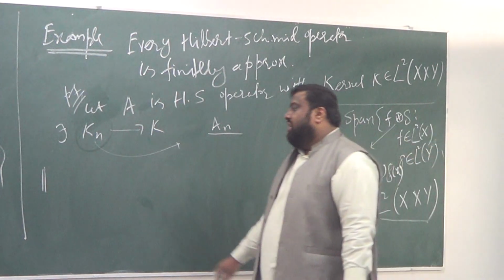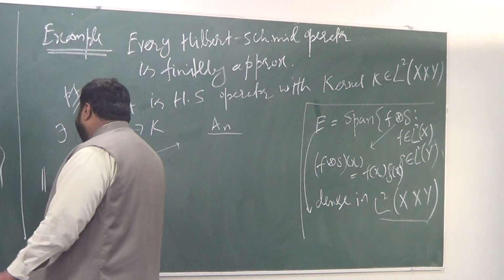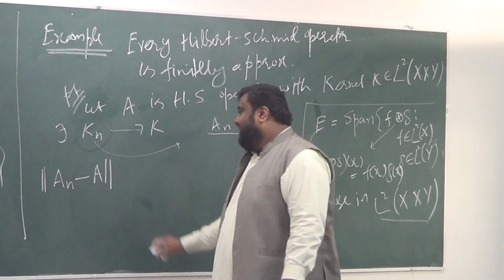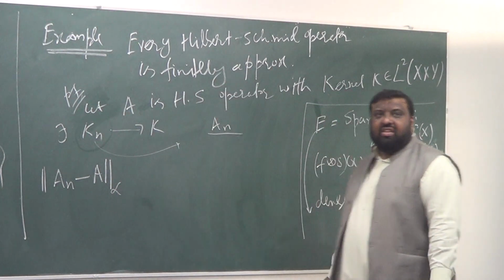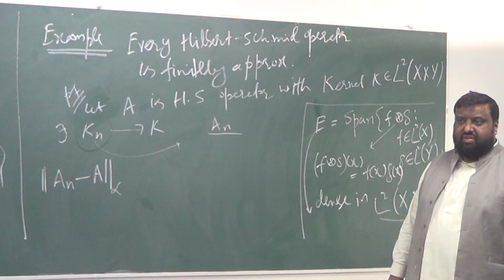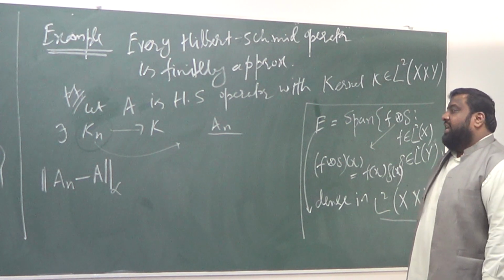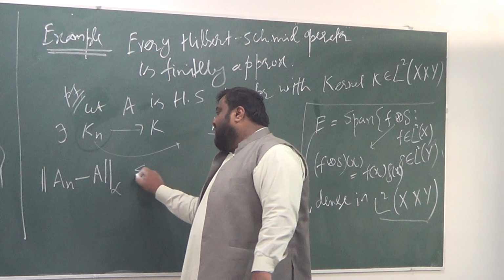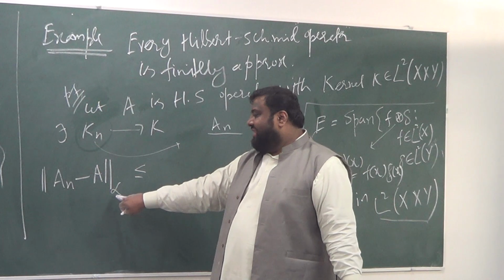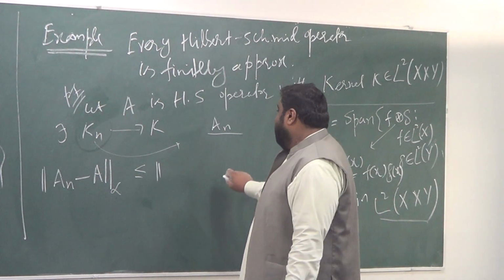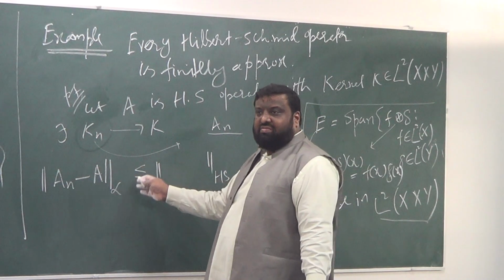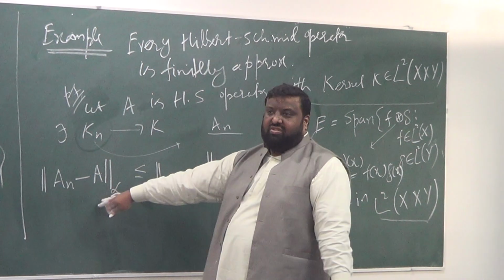And you can believe me or you can read it and see what is the norm of A minus An in L. I would like to show that this difference goes to 0 as n goes to infinity. Now, what is the relationship between this operator norm and the Hilbert-Schmidt norm? We know that the Hilbert-Schmidt norm is greater than, it bounds this norm.